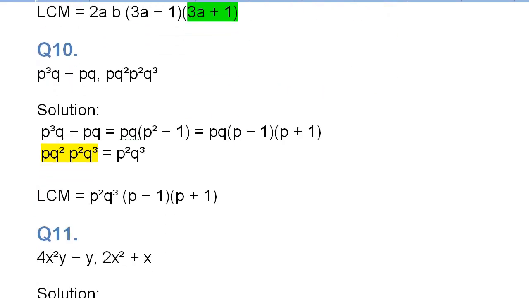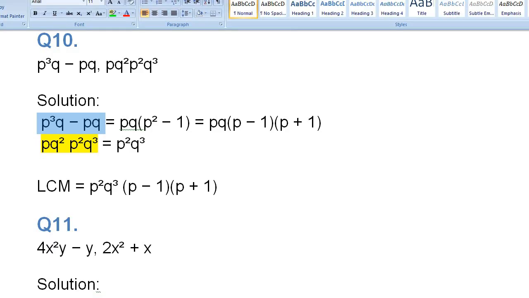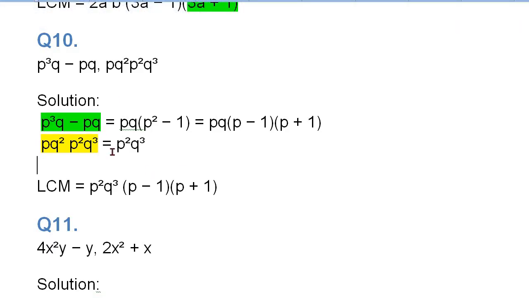Now question 10: we have 2 p q minus q minus p square, and this. First we will take the first one. Factorizing it, we will take p q common. So with p q out, we have p square minus 1.